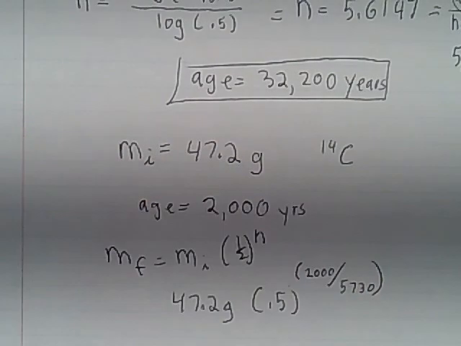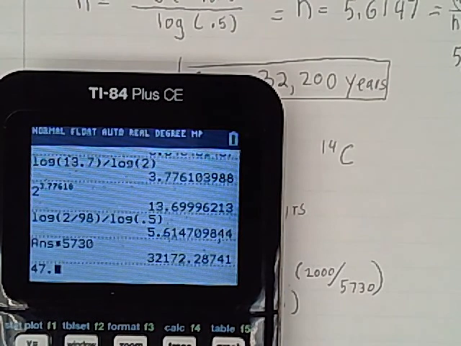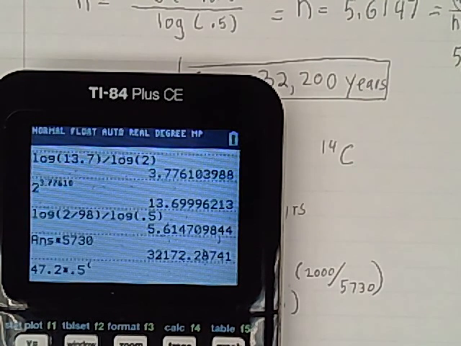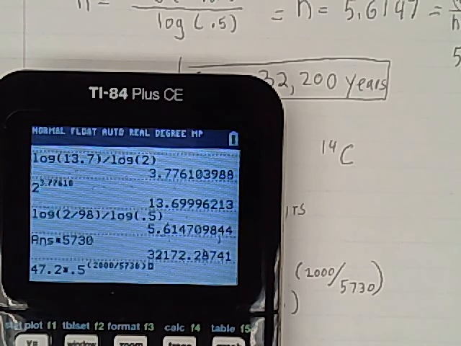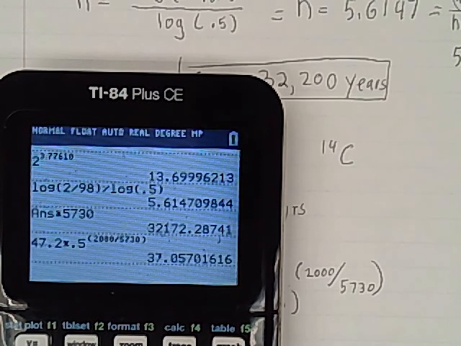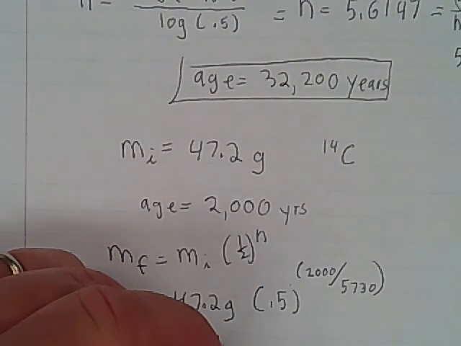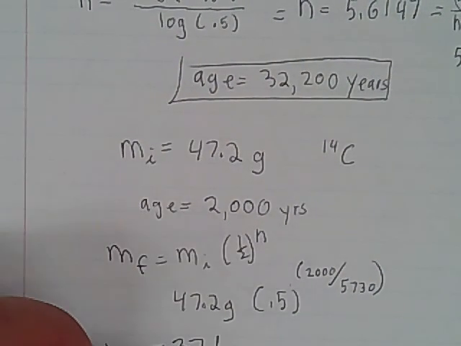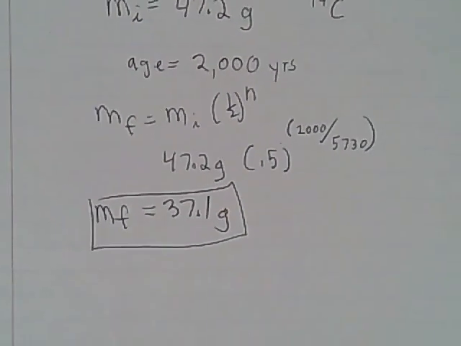The years will cancel. And 47.2 times 1/2 raised to the open parentheses, 2,000 divided by 5,730, close parentheses, enter, is 37.1 grams. 37.1 grams is the final mass in this example.